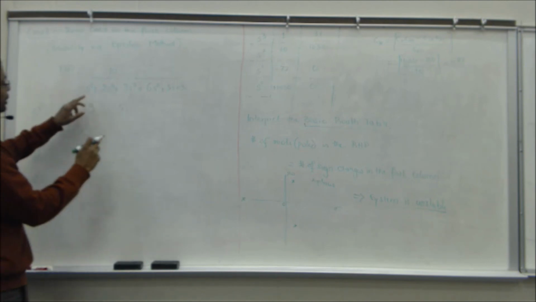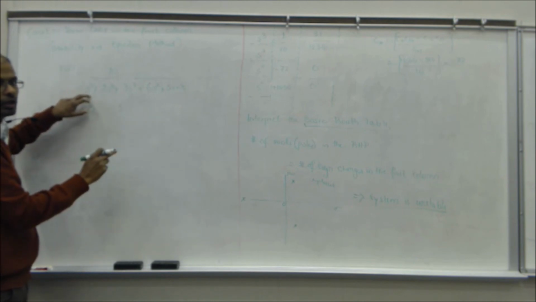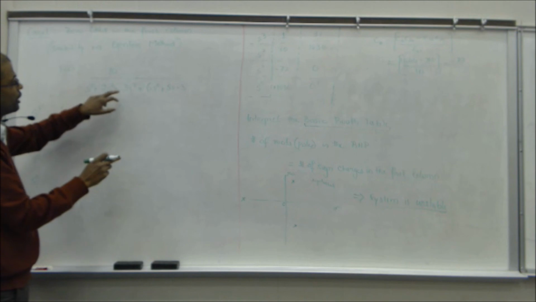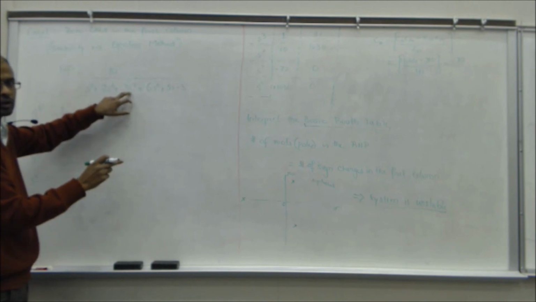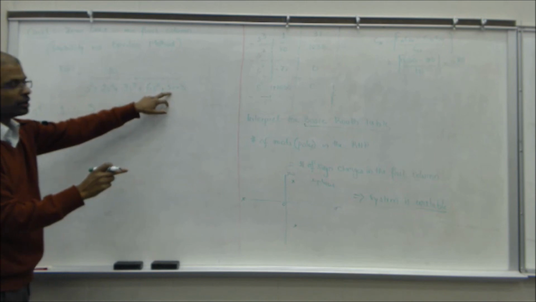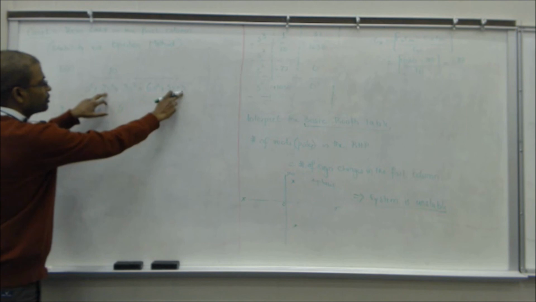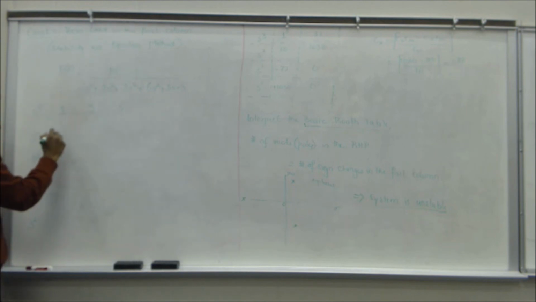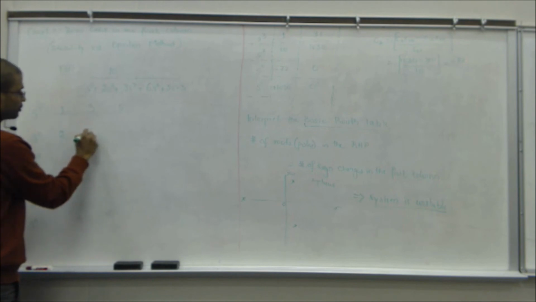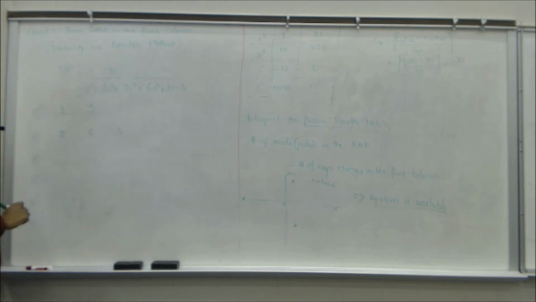Take a look at this. The odd coefficients: s^5 is the odd order, s^3 is odd, s is odd. This counts as even. So you have 2, 6, and 3. This is where you start.